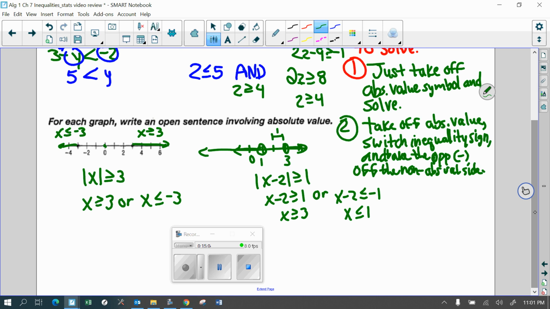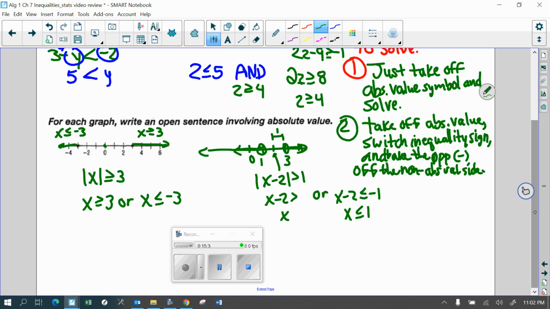Okay, so it's going to be x minus the midpoint. The midpoint was 2, absolute value. And then how far is it from that midpoint to each of the circles? A distance of 1. That's going to go on the side. So this goes out to the outside. It has to be an or, so it's greater than. And, oh, sorry, I made them open circles, so it's just greater than.